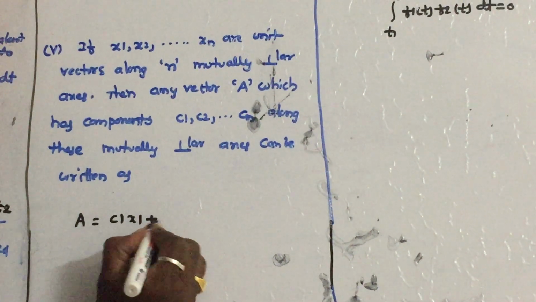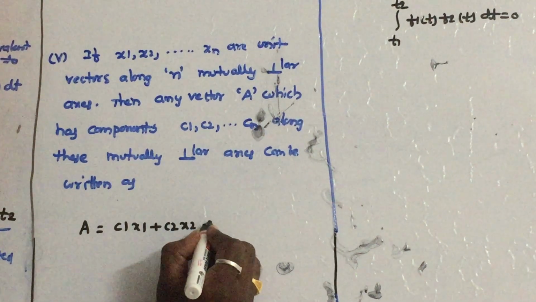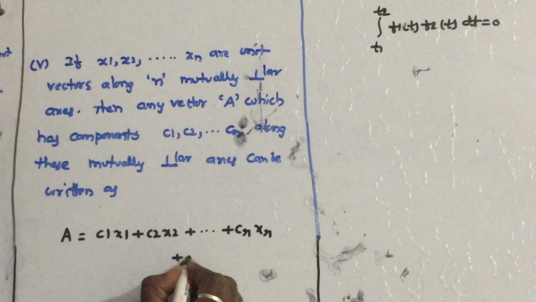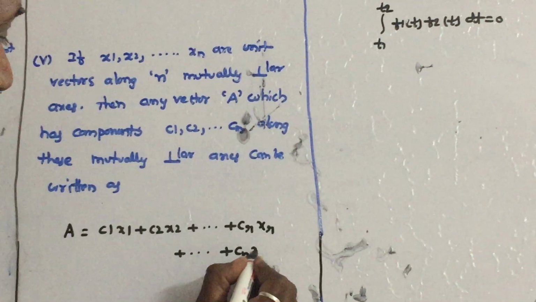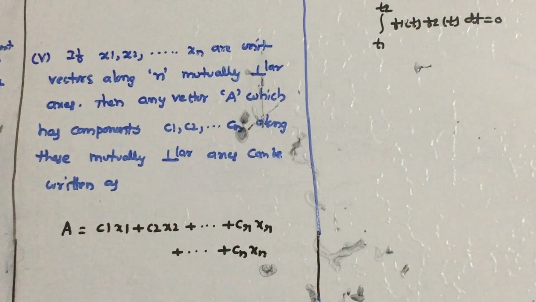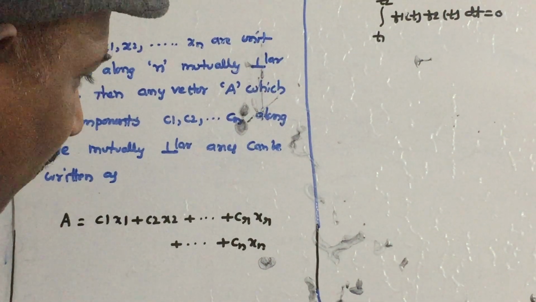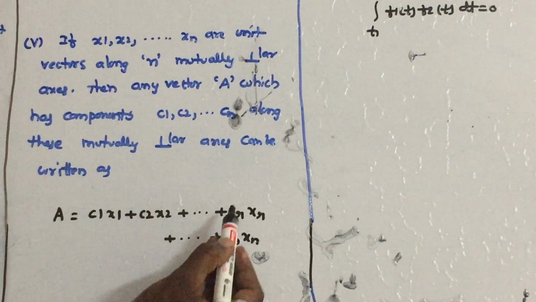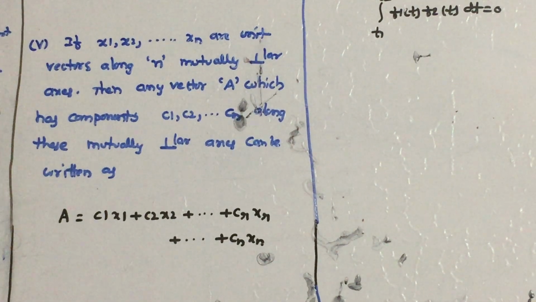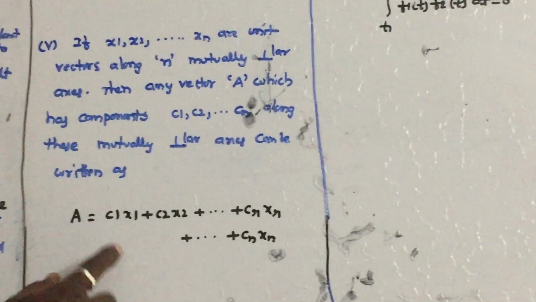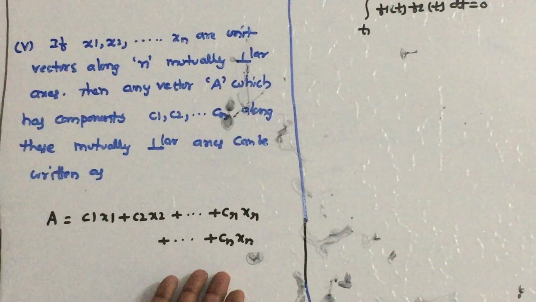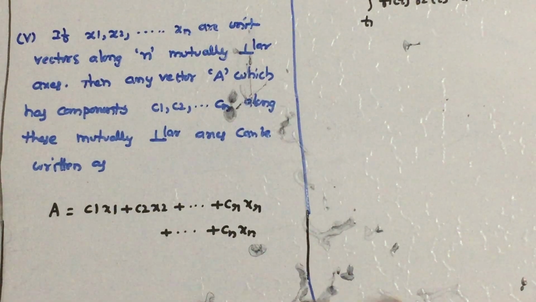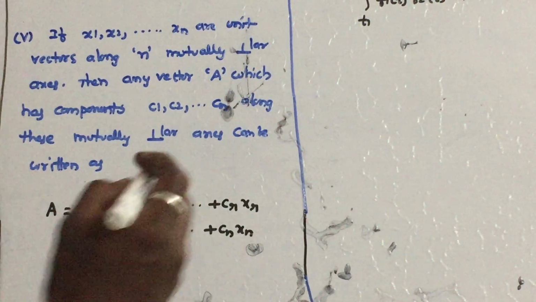C1 x1 plus C2 x2 plus so on Cr xr plus so on Cn xn. Here x1, x2, x3 so on are unit vectors and C1, C2, C3 are components or coefficients. Similar to this, instead of vectors we have taken orthogonal signals, and instead of A we have written f of t.